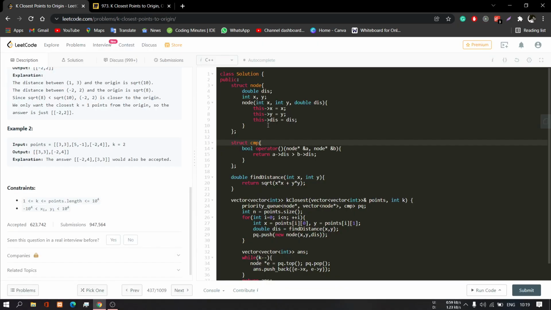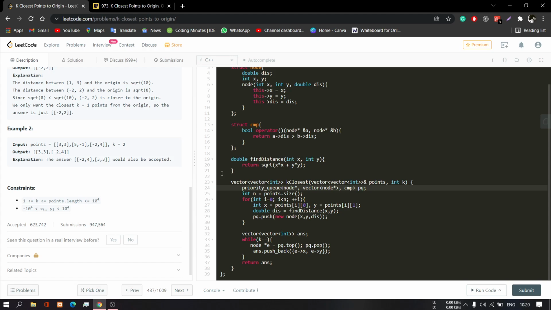This is the code. I have defined a structure here of node type, and it contains three values: a distance value, and x and y for the point. I have taken a priority queue of node type, and I have also passed a comparator function. If you can see this comparator function, I have declared that a's distance should be greater than b's.